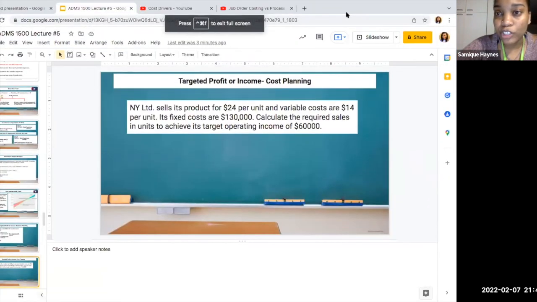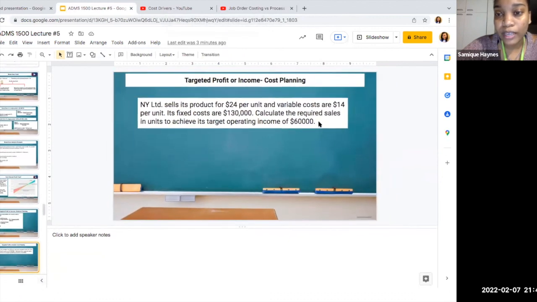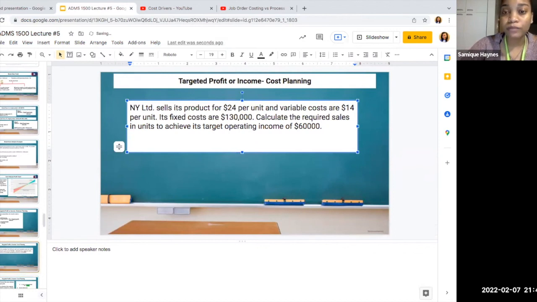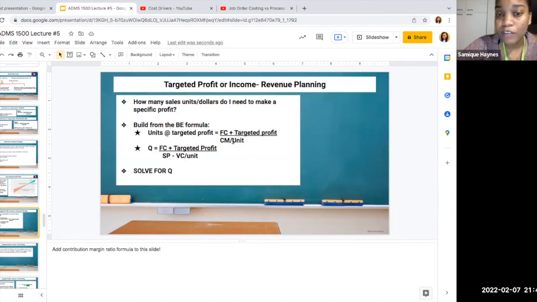Considering the formula I just showed you, you just have to add the targeted operating profit to your fixed cost. How do I find the required sales in units to achieve the target operating income of $60,000? Units at targeted profit.